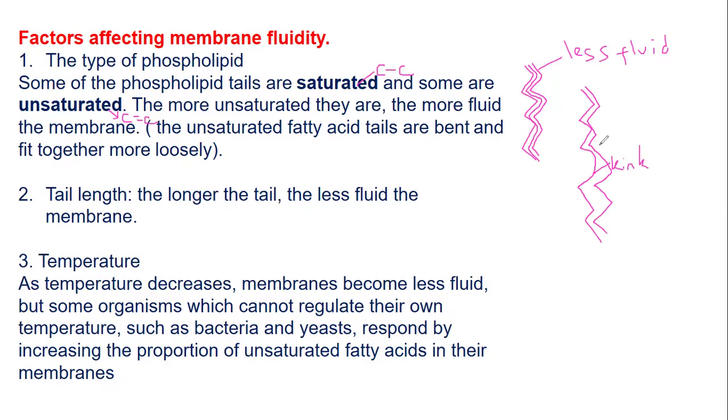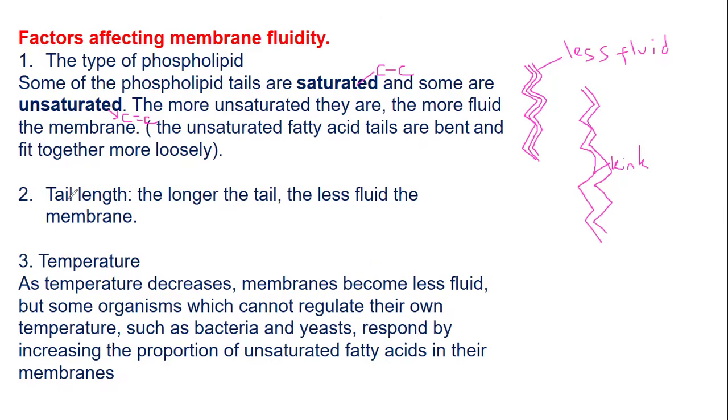So whenever the cell surface membrane has phospholipids that are unsaturated with those double bonds, usually the fatty acid tails are not going to be closely packed. So as a result, the cell surface membrane is going to be much more fluid.